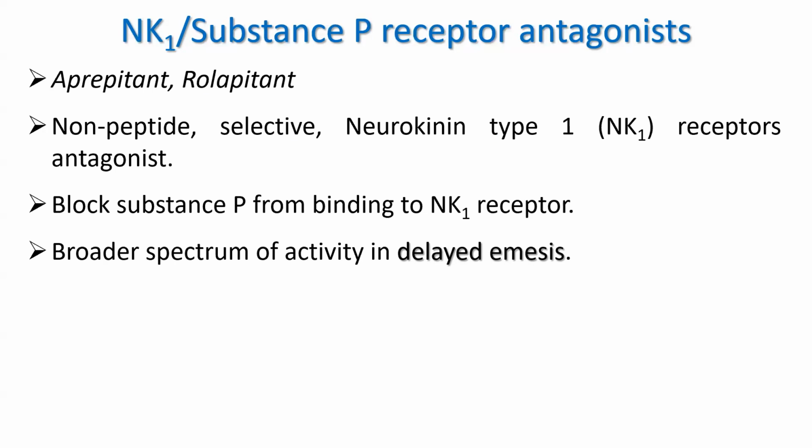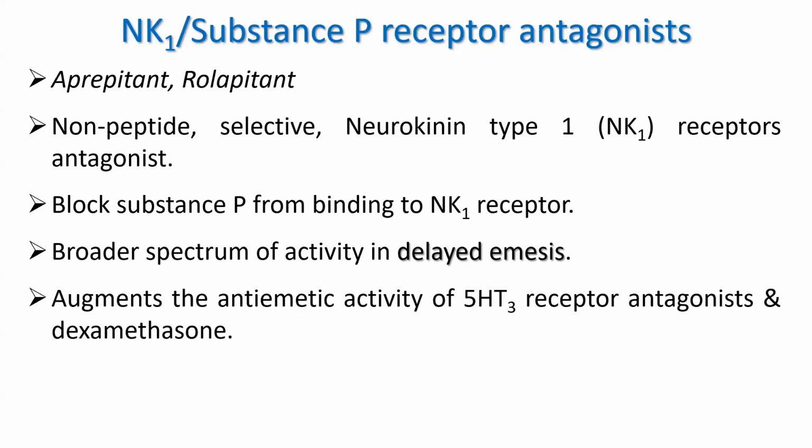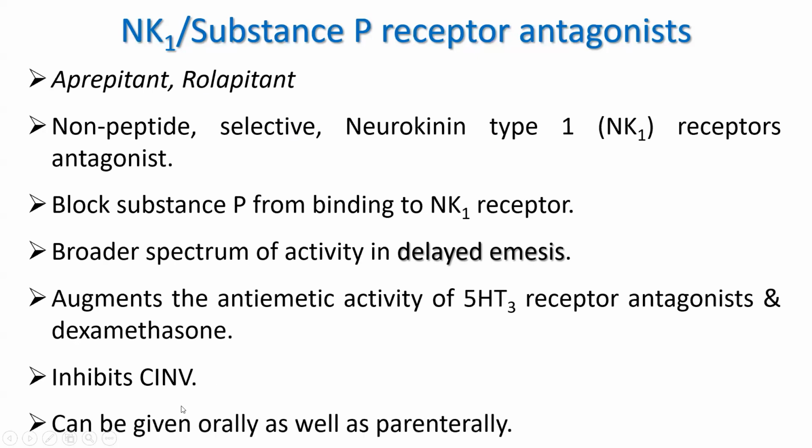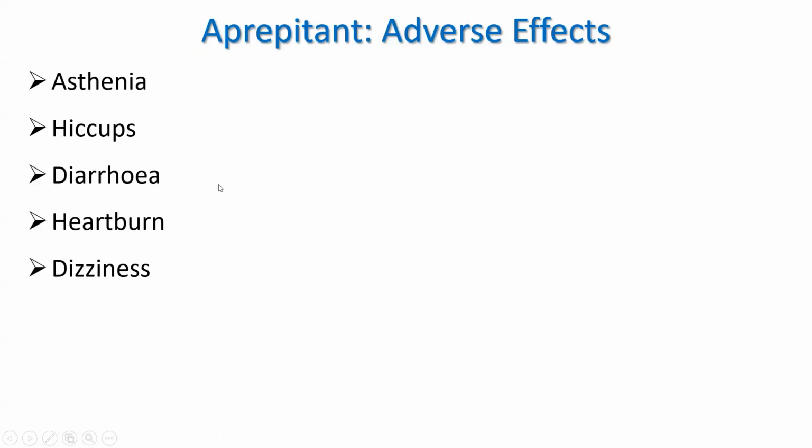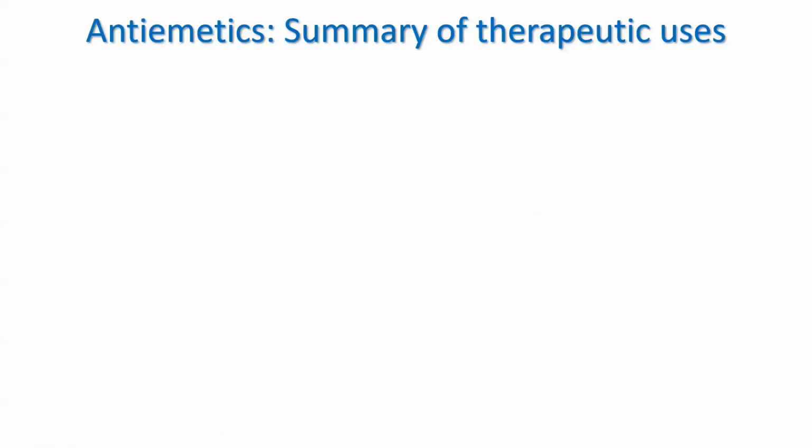So this has a role in delayed emesis, and it augments the antiemetic activity of serotonin receptor antagonists and dexamethasone, and it can inhibit chemotherapy-induced nausea and vomiting as well. It can be given orally or parenterally. Adverse effects: asthenia, hiccups, diarrhea, heartburn, dizziness, elevation in liver enzymes.